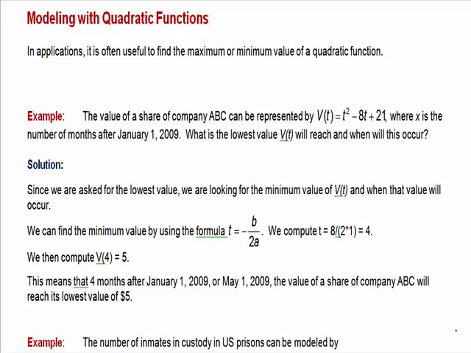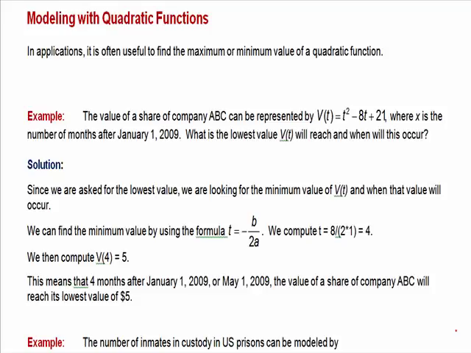Notice, by the way, this V of t function is in fact a quadratic. It's a parabola when we graph it, and it would be a parabola opening up. And so when we have a parabola that opens up, the vertex is in fact the minimum. So when the question asks what's the lowest value, it's asking us for some information from the vertex.